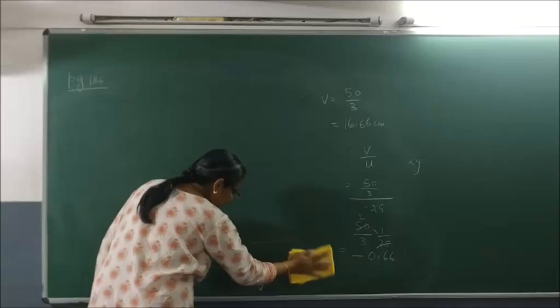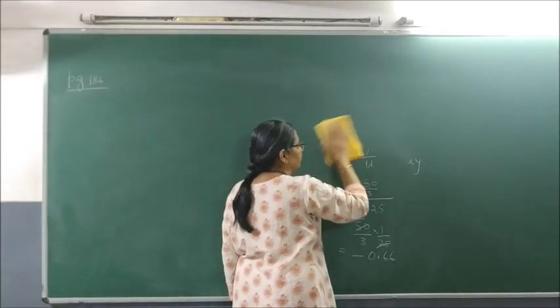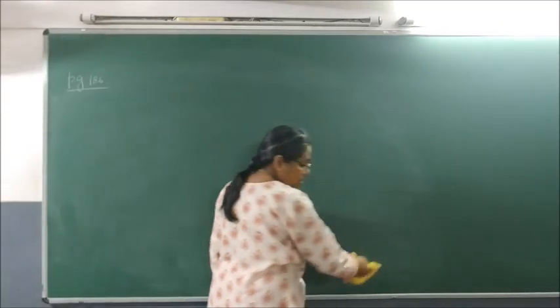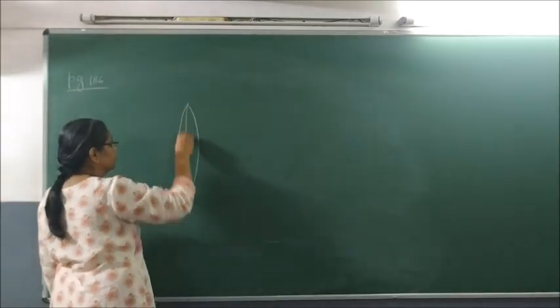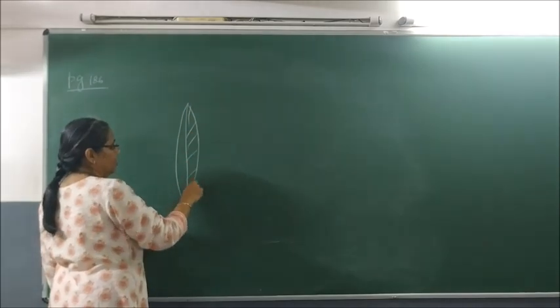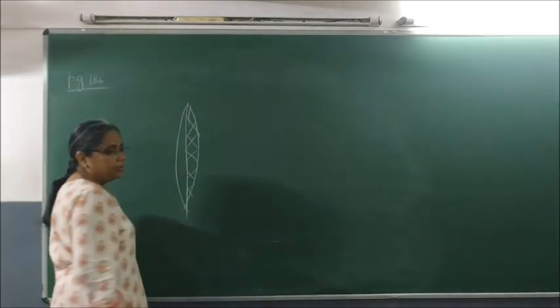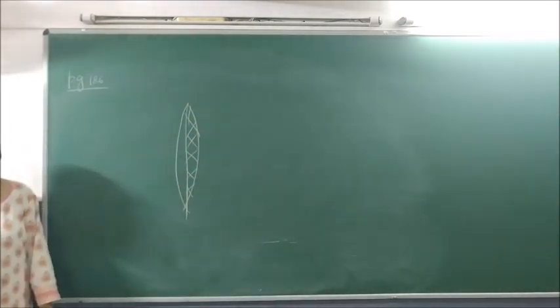So please understand, if I cover the convex lens like this, vertically, there will be no image formed because one of the refracting surfaces we are covering.